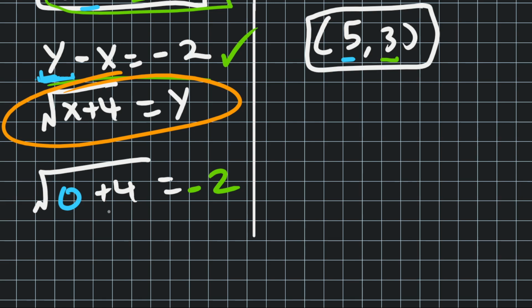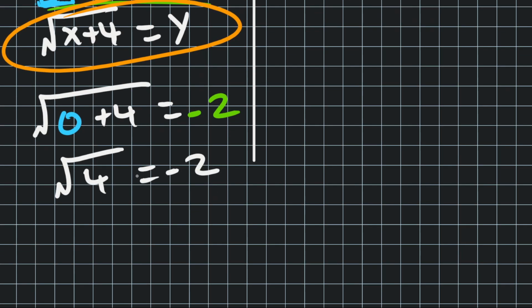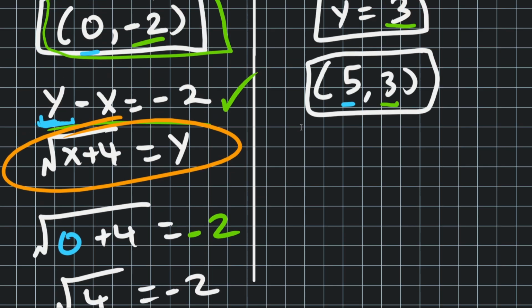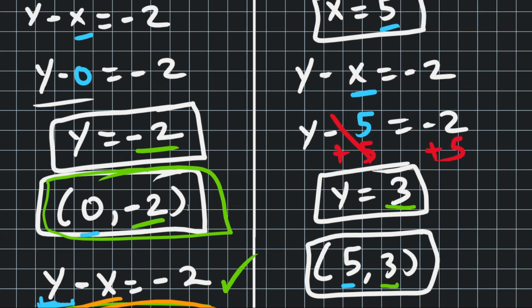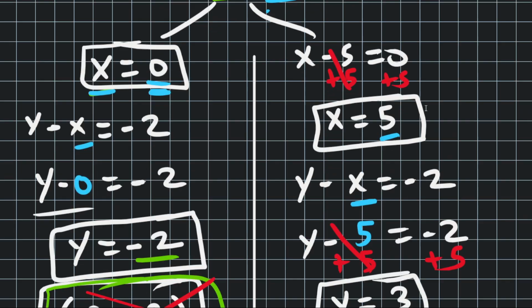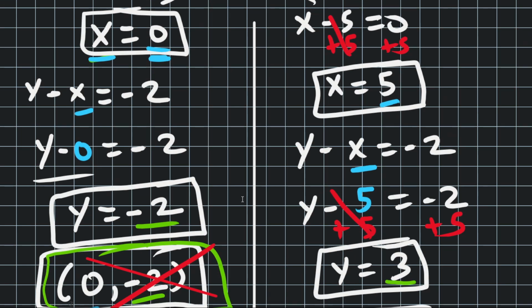And then what is 0 plus 4? 0 plus 4 is 4, so radical 4 equals negative 2. And what's the square root of 4? That's 2. 2 equals negative 2, which is not true. So what that means is that this ordered pair right here, (0, -2), is extraneous.